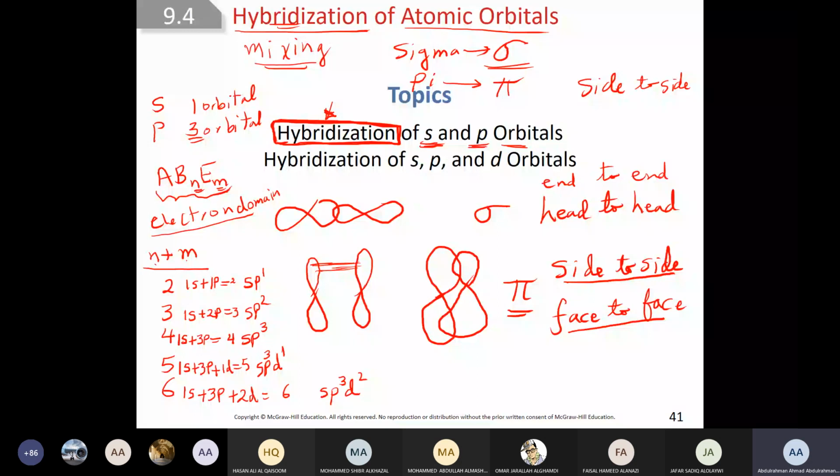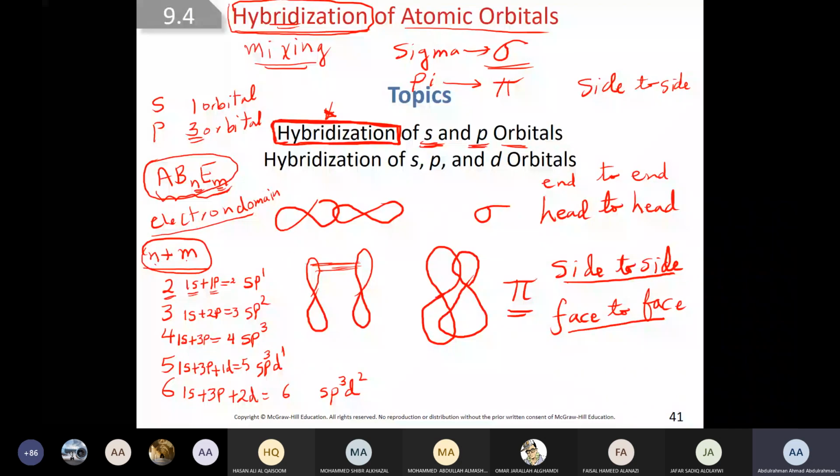The theory of hybridization says, before the interaction, look at the electron domain, A, B, N, E, M, and then calculate N plus M. If it is 2, then 1s mixes with 1p to make 2 sp orbitals. If it is 3, then 1s interacts with 2p to make 3 sp2 orbitals.